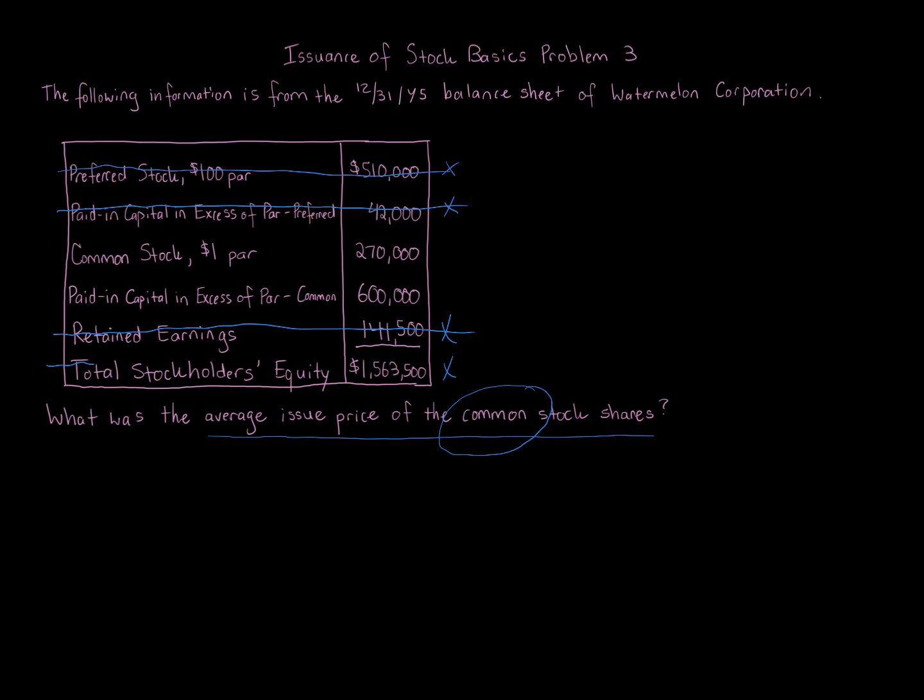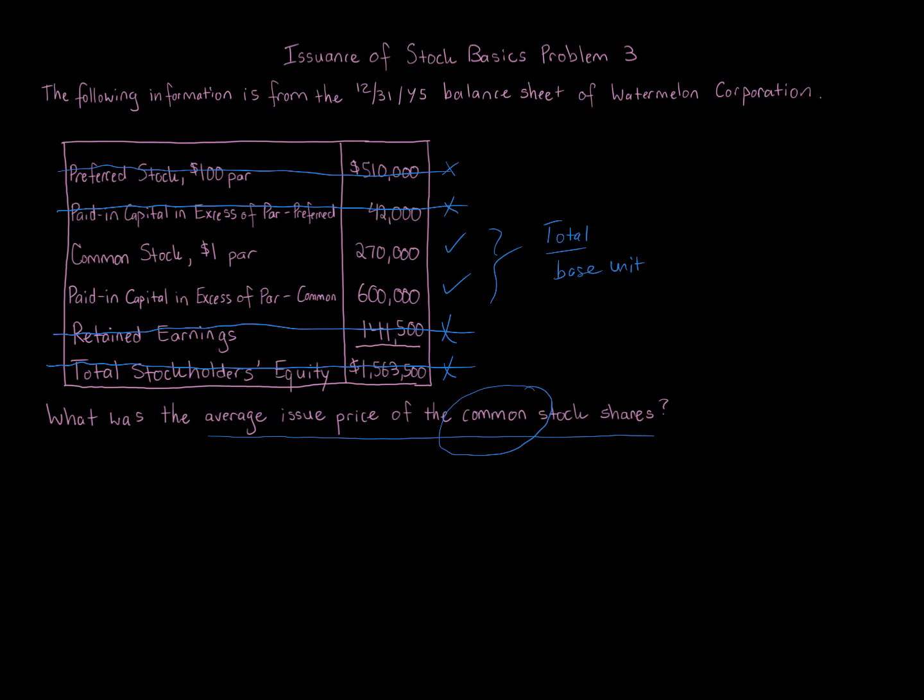We've got two line items left. And those two are going to be essential to determining our average issue price of the common stock shares. Very important. As I mentioned earlier, even before knowing any formula, when you think of an average, you're taking a total over some kind of base unit.